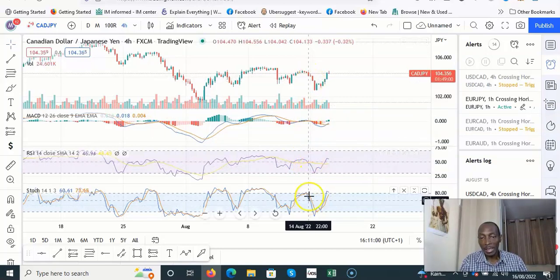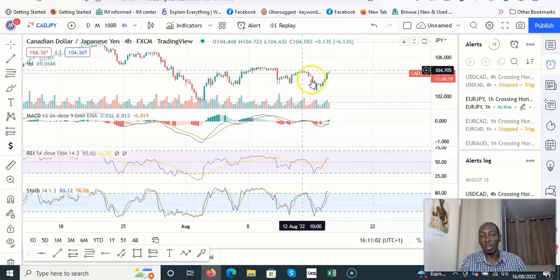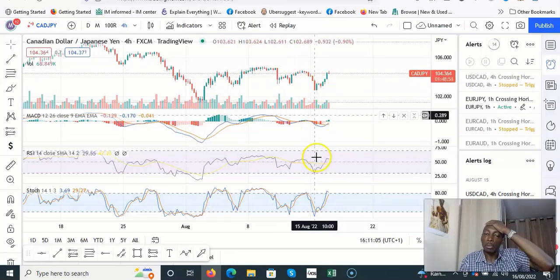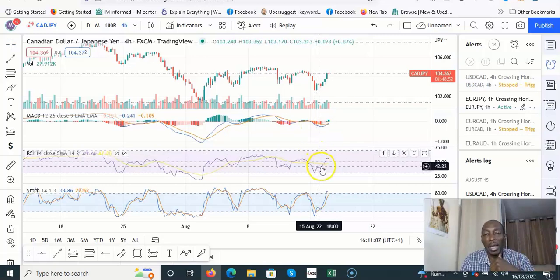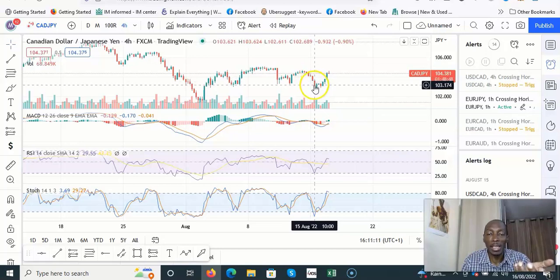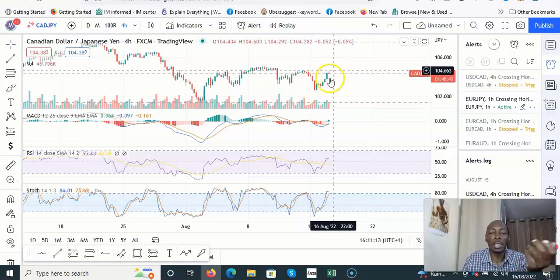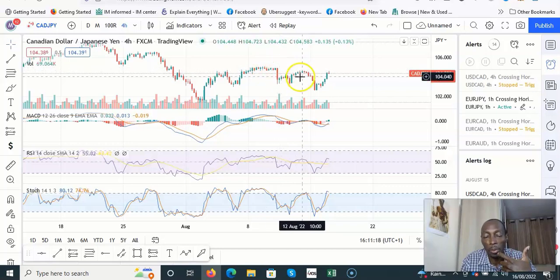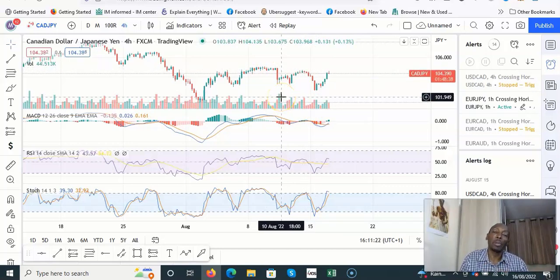For the stochastics to cross over again, it did that here. So already a third of this trade probably would have been gone by the time all these indicators told me it's time to get in. And what happens a lot of the time is you're selling here when the price begins its little pullback, instead of selling right at the top, at what we call a banker's candle, when it's ready to go. That's the problem with indicators.